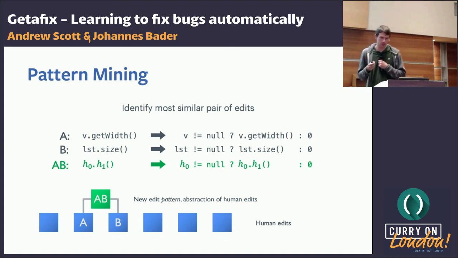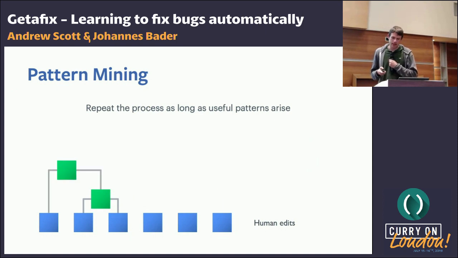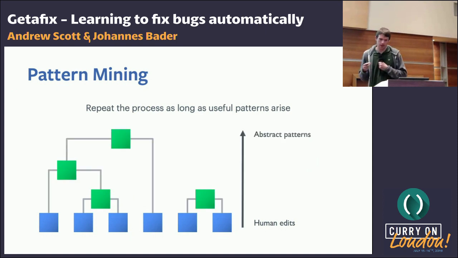Sometimes we like to refer to these as holes. And then we'll repeat this process on and on, repeatedly searching for the most similar pair of edits or possibly already abstracted versions of edits. And we'll stop when we get to a point when the most similar pair that could be merged is so different that it doesn't make sense to, according to some of our heuristics.